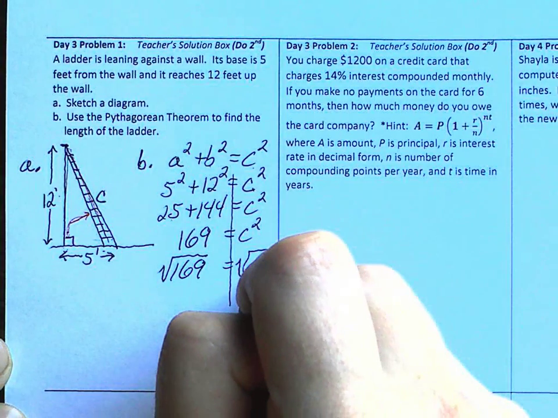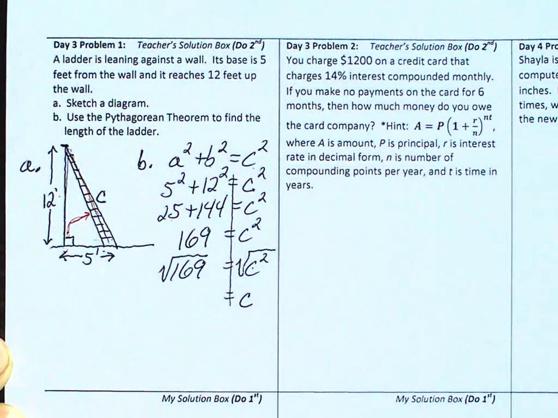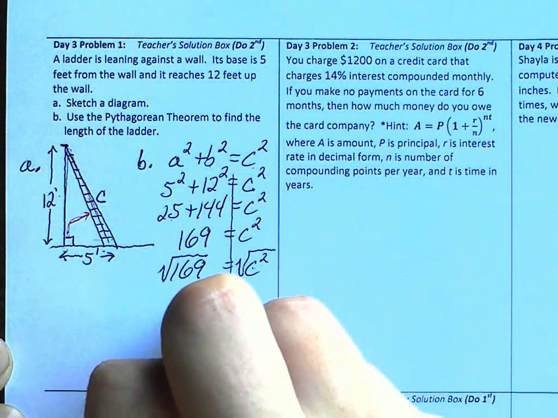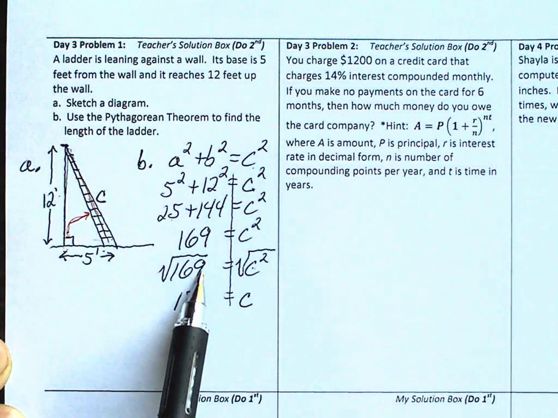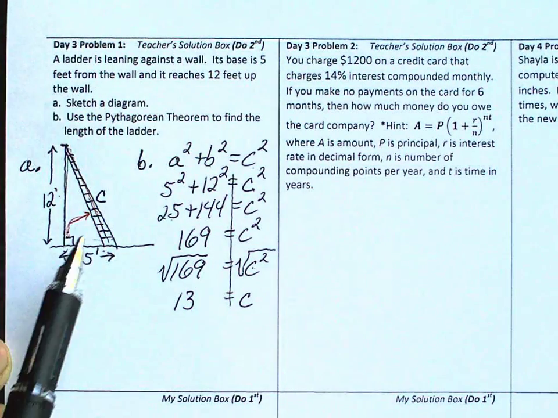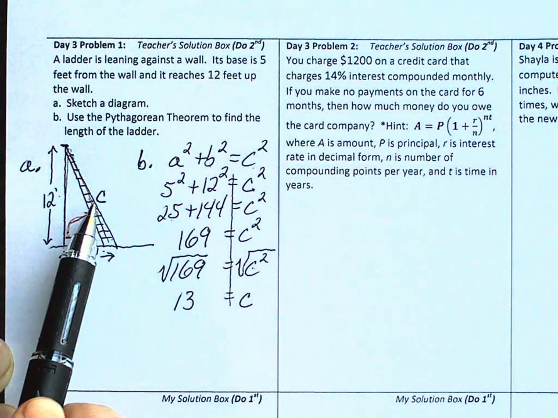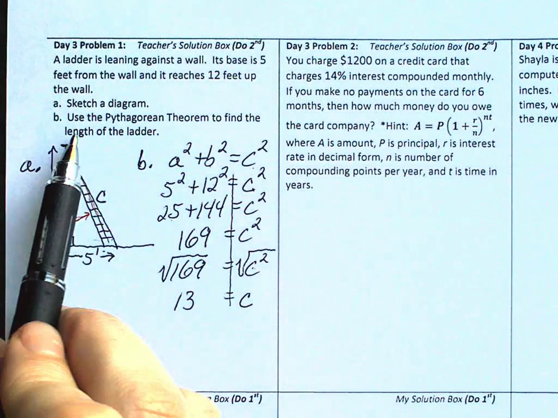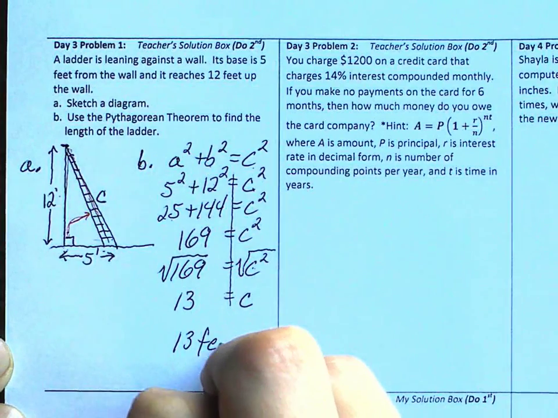The square root of c to the second power is c, because c times c is how you get c to the second power. The square root of 169 is 13, because 13 times 13 is how you get 169. And so we have that 13 is equal to c. In our drawing, the letter c was written on this side of the triangle, which is representing the ladder, and so that is the length of the ladder. So we figured out that the ladder was 13 feet long.